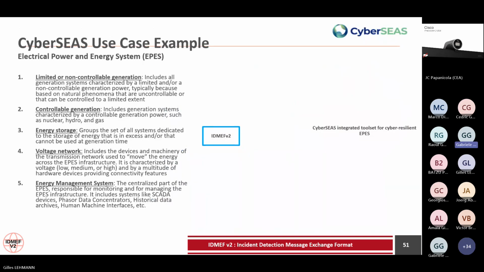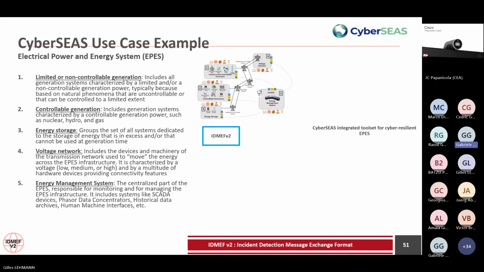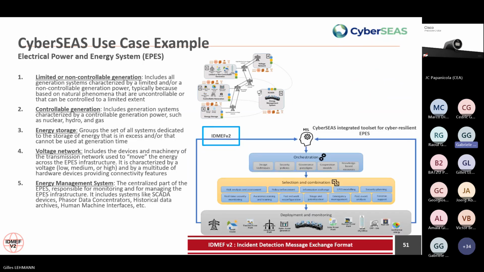Here in CyberSys, next, there should be an animation probably. Okay, so here in CyberSys, we have chosen IDMEFv2 in the domain of the electrical power and energy system. As you can see here, there are a set of assets to be monitored, and a set of combinations and selections of different services to be orchestrated.